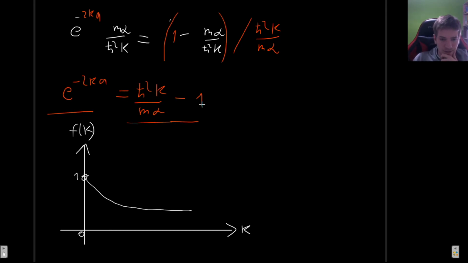And then we have this straight line. Remember, k is our variable, and this right here is just some constant that depends on the potential itself. So this is going to be a straight line that begins when k is pretty close to 0. It's going to begin from minus 1, and then it's going to just go straight up. So there's going to be one unique value for energy that satisfies this equation. So that means there's only one bound state.